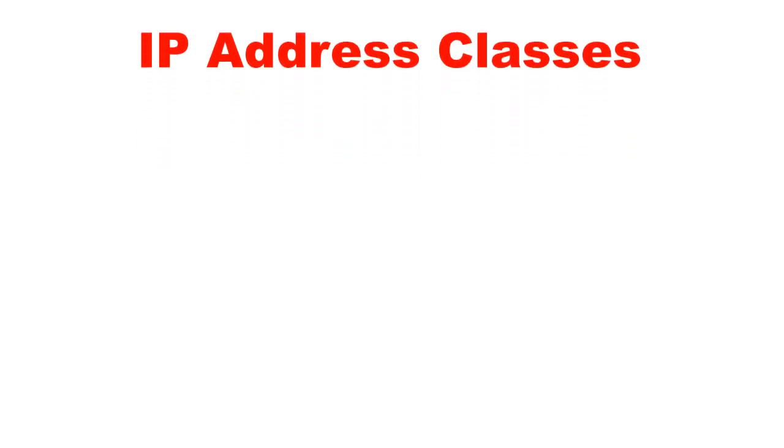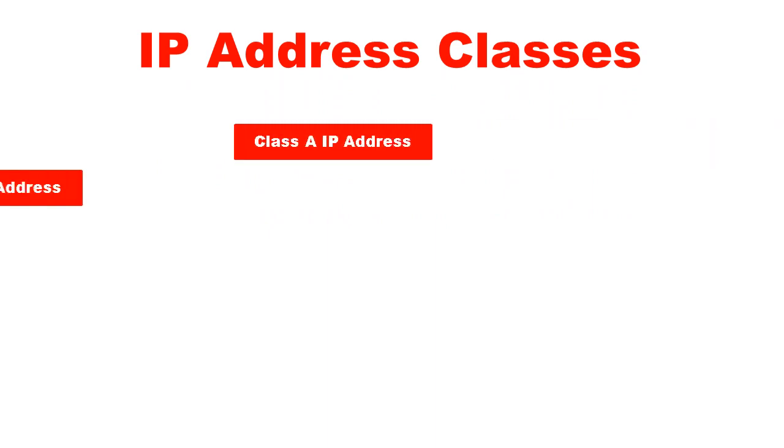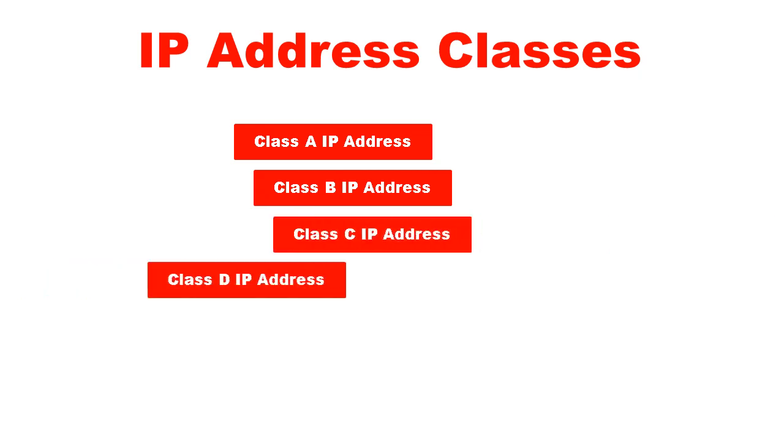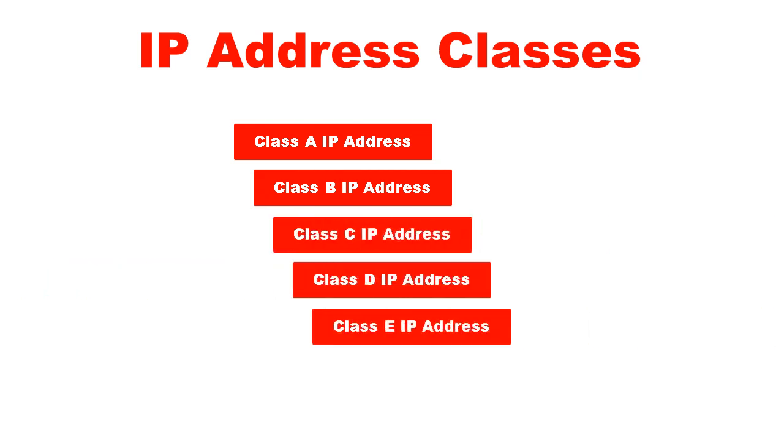There are 5 classes of IP address defined in TCP/IP: class A, B, C, D and E. Each class has a range of valid IP addresses, and the value of the first octet determines which class an IP address belongs to.